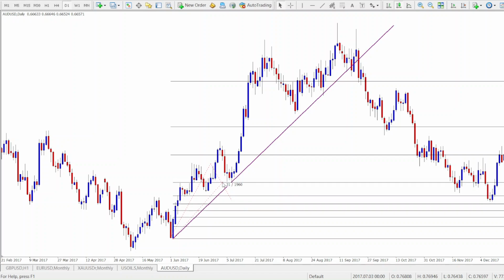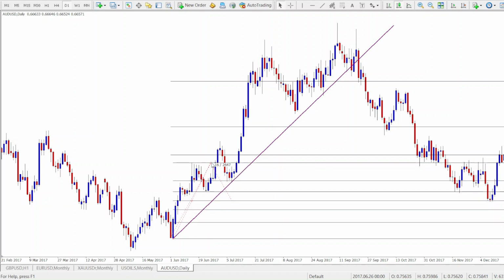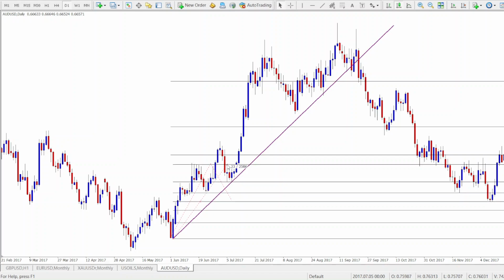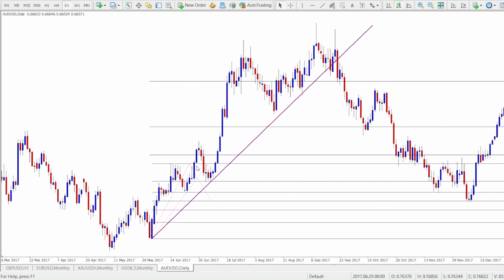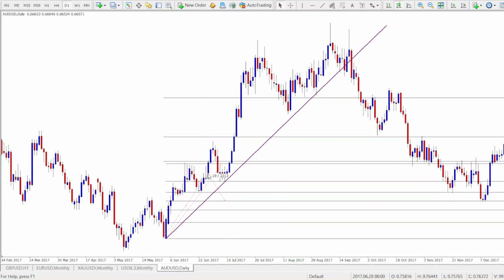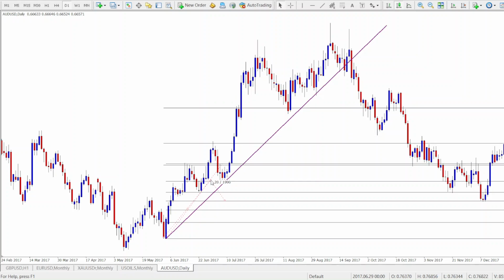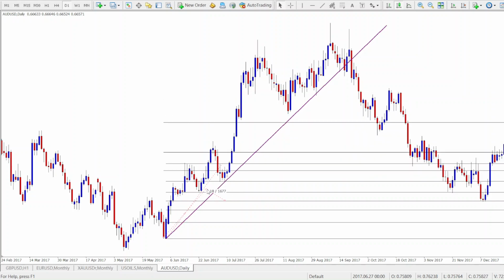And then you drag down to the retracement level.